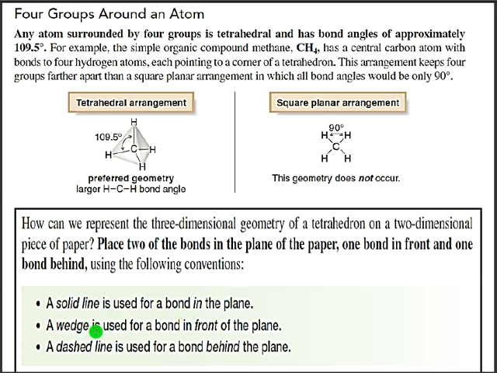A dashed line is used for a bond behind the plane, in the back side, far from you.